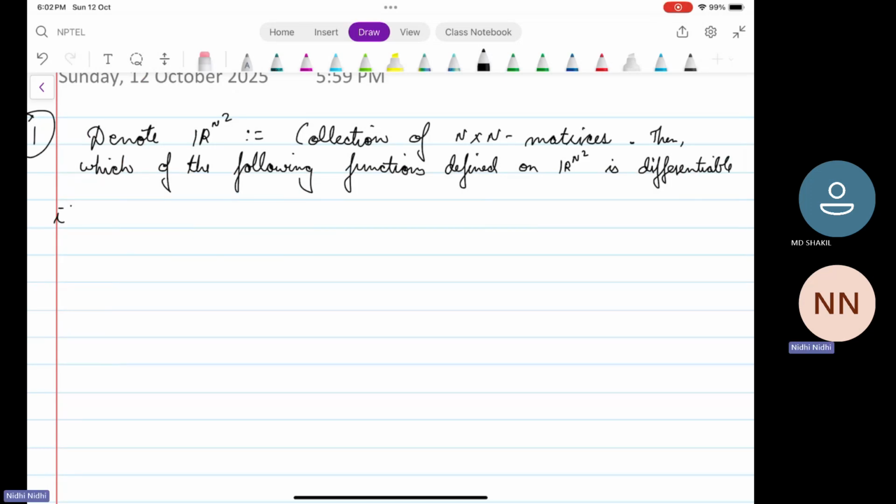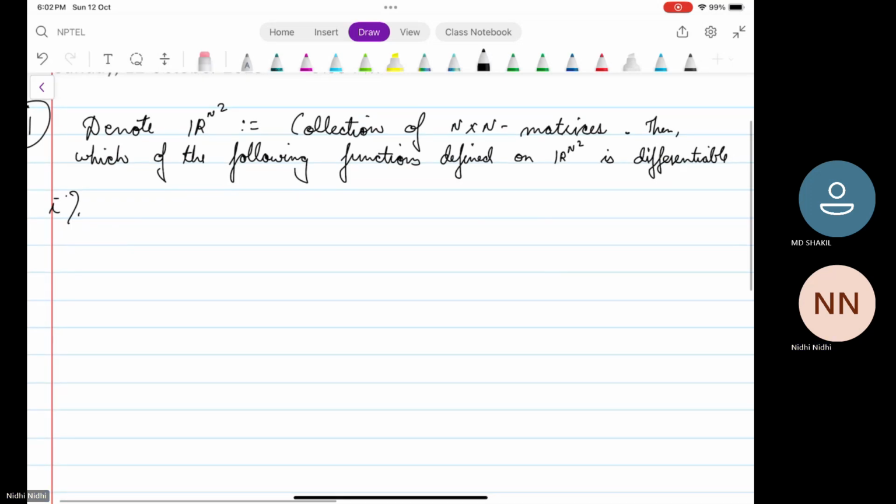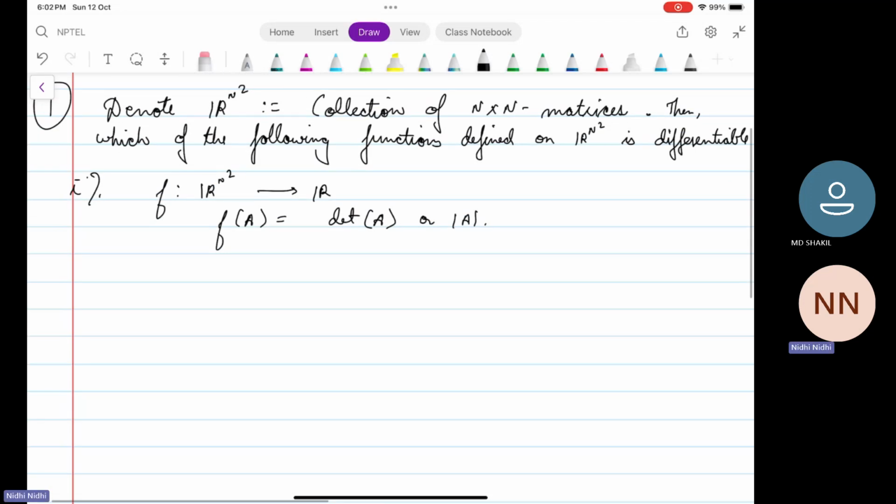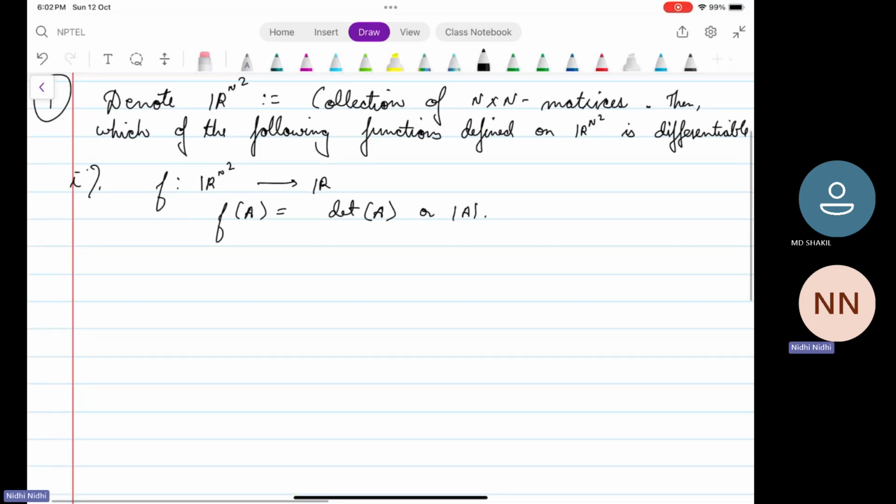First one is the determinant function. So we define f from R^(n²) to R, f of A is just the determinant of the matrix A. Then we have the transpose map.